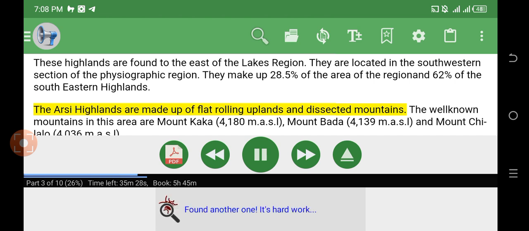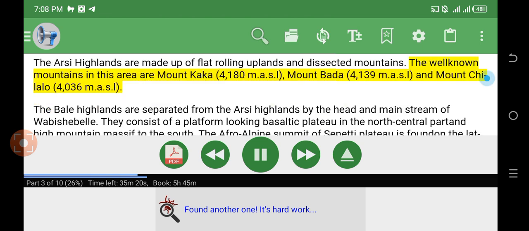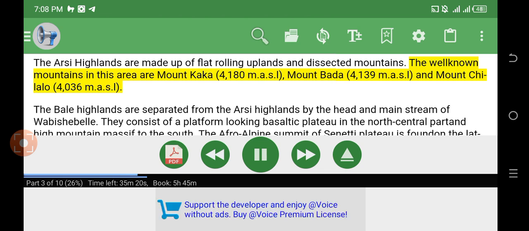The mountains in this area are Mount Kaka, 4,180 meters A.S.L., Mount Bada, 4,139 meters A.S.L., and Mount Shalalo, 4,036 meters A.S.L. The Bale Highlands are separated from the Arsi Highlands by the head and main stream of Wabe Shebelle.